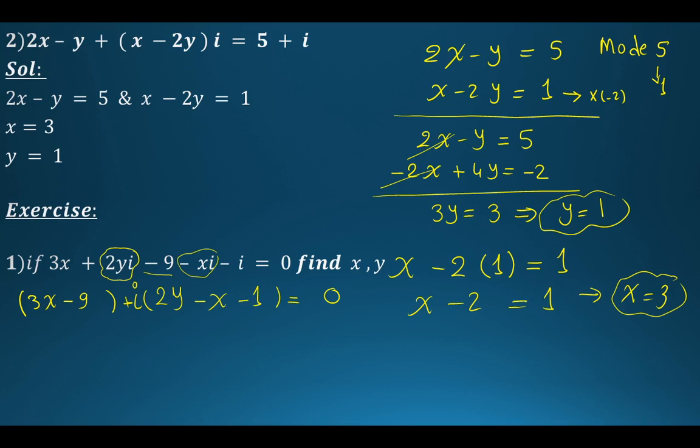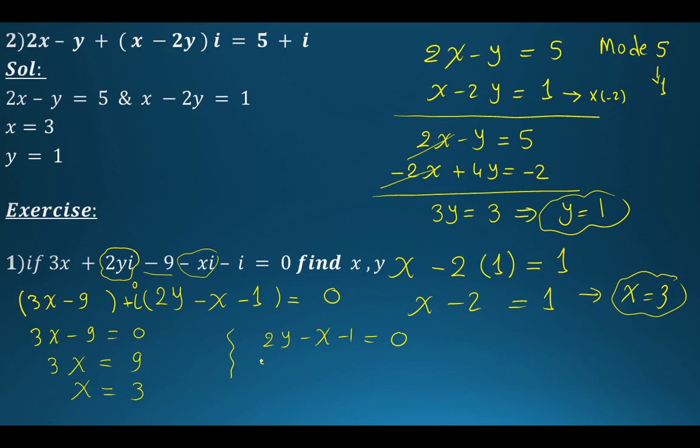From the previous very important remark, we know that if a complex number equals 0, then the real part equals 0 and the imaginary part equals 0. So we can write 3x minus 9 equals 0 and 2y minus x minus 1 equals 0. 3x minus 9 equals 0, so 3x equals 9, divided by 3, so x equals 3.